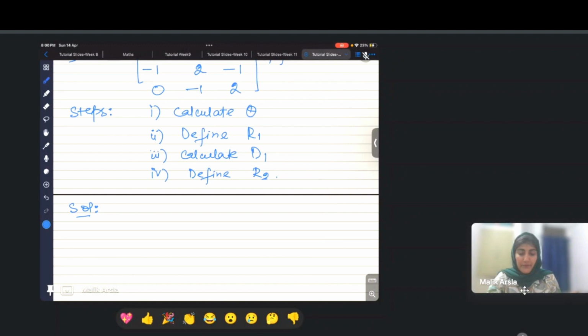You read it row wise. Tell me what the first column is coming out with: 1 by root 2, 1 by root 2, 0, because cos, minus sin, 0; sin, cos, 0. But sine of minus pi by 4 is minus 1 by root 2.